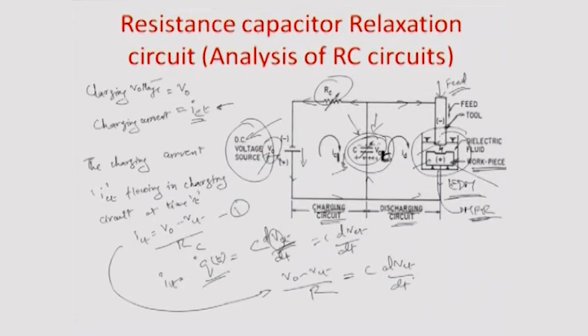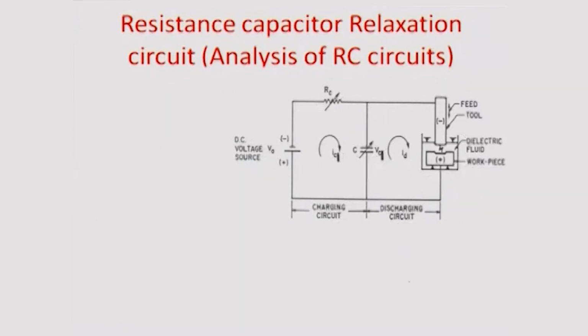So, we can solve this equation, and here we know that R is the charging circuit resistance, and C is the capacitance of the condenser in question, this condenser.